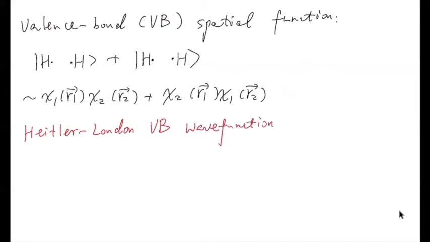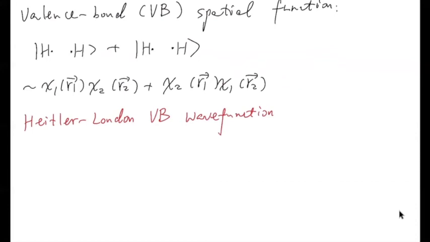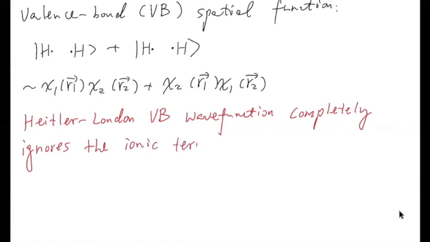Of course, it will have a spin part, spin up and spin down. That's for the ground state. But here we just consider the spatial part. So historically, when Heitler and London treated the quantum mechanics of hydrogen molecule, they used this spatial function, which completely ignores the ionic contribution. Right? This is what they do, okay?